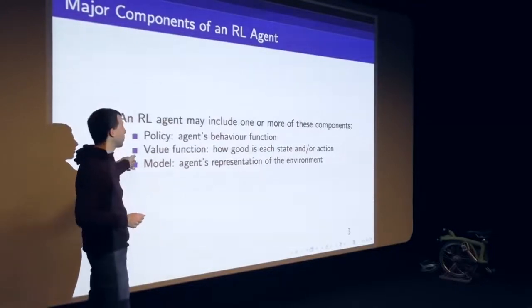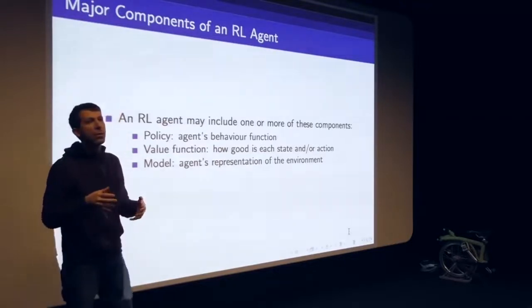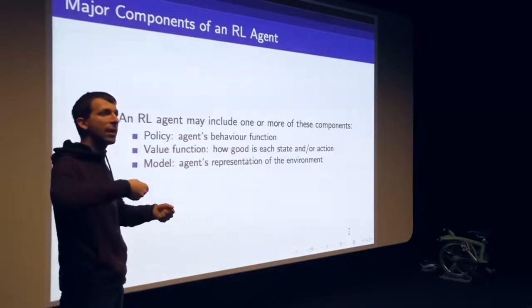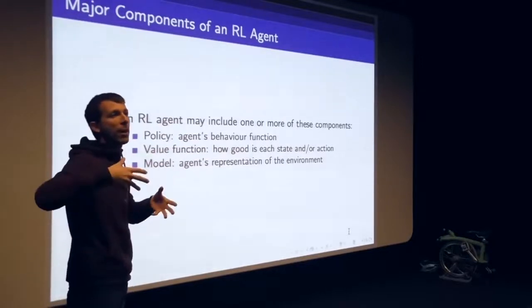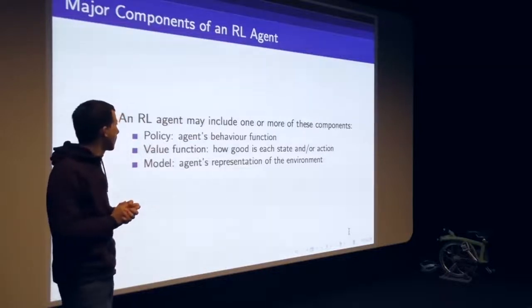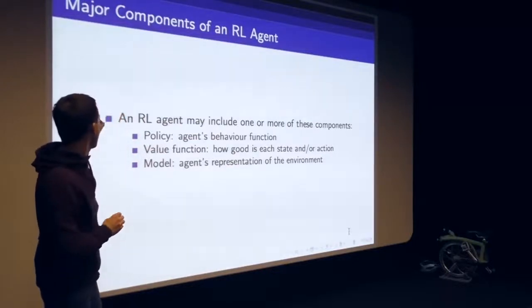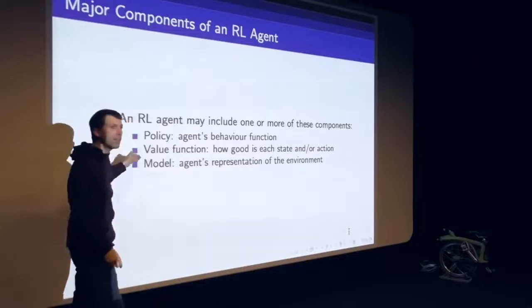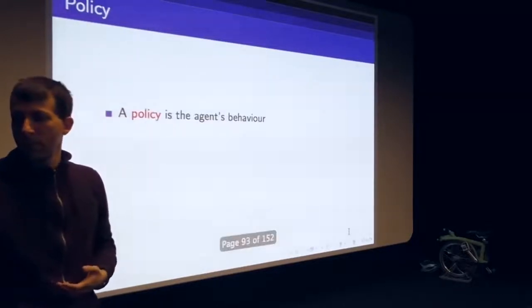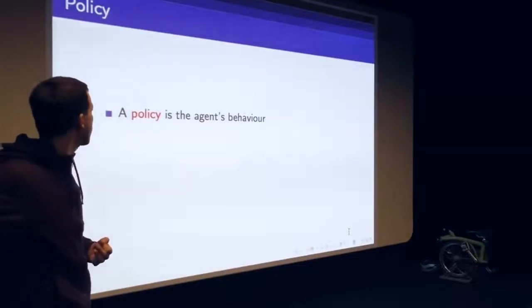And the third quantity is what we call a model, which is how the agent thinks the environment works. So not the real environment, but the agent's own view of the environment. It's got its own model of how the environment may or may not work. Now these are not always required for an agent, but these are 3 pieces that may or may not be used. Okay, so let's just go through them one by one.